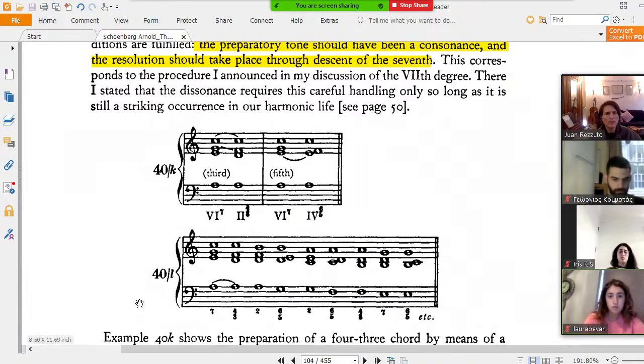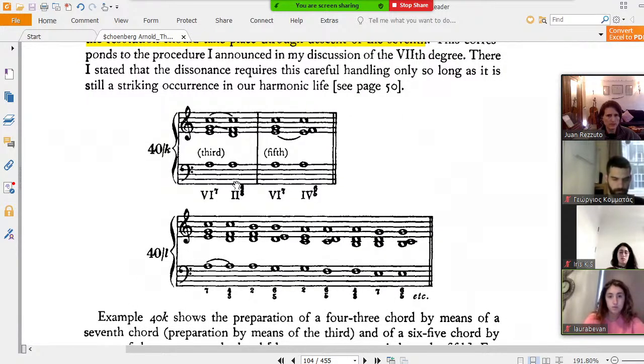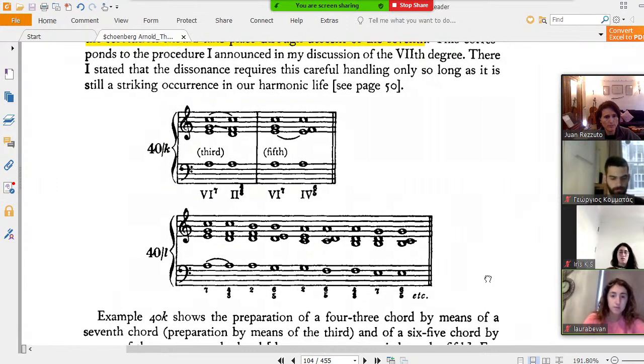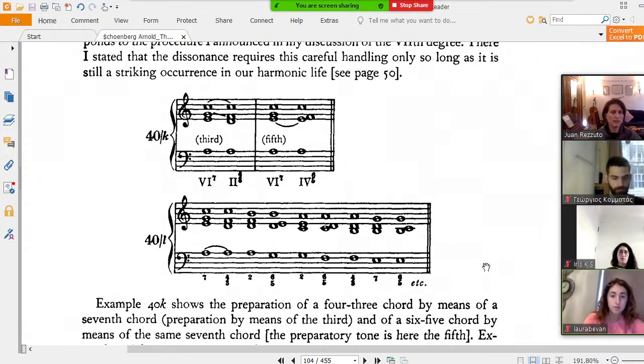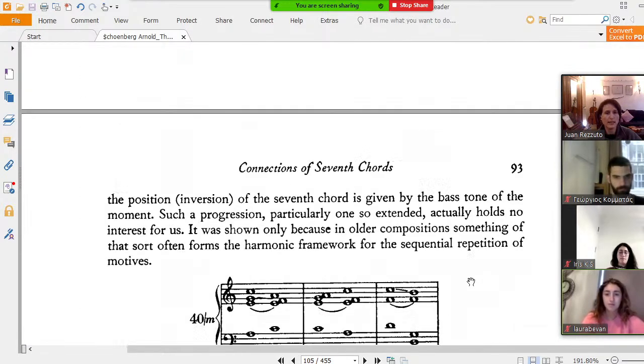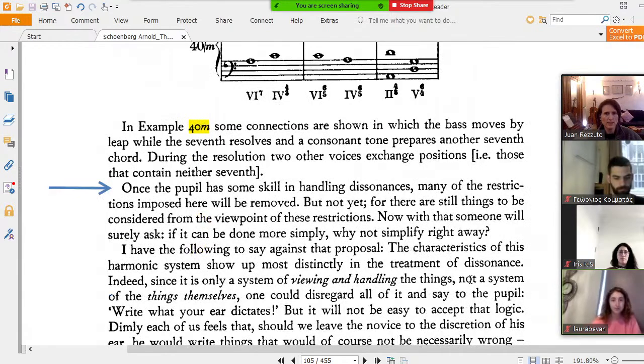Now, if you notice very quickly, you have the 7-4-3, the 2-6-5, the 2-6-5-4-3, 6-7, but overall, he uses this to have a very smooth line between the voices. How do you do it? Well, you will figure it out. And he does say that later.